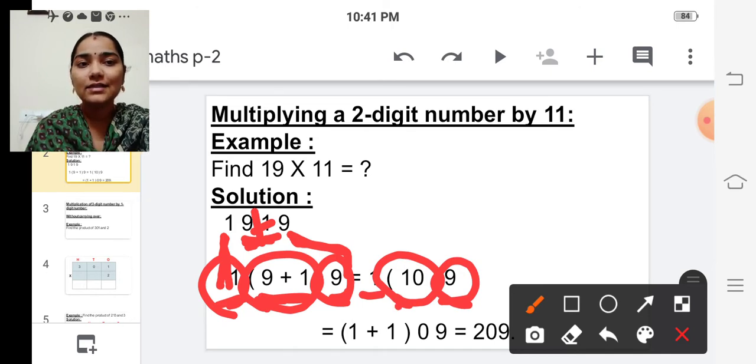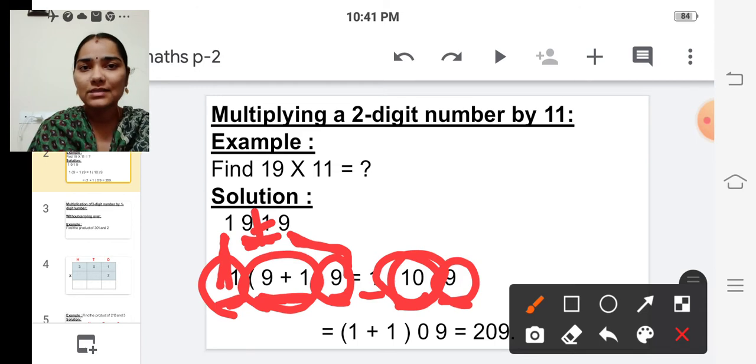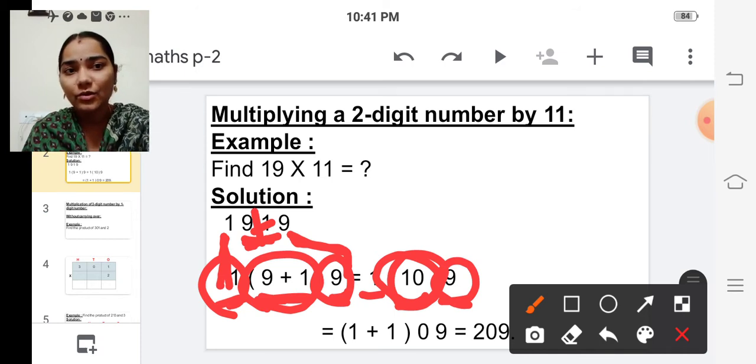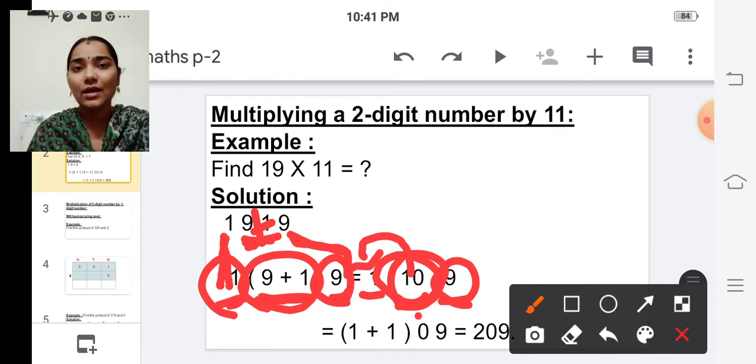Since 10 is a 2-digit number, in addition, if we get a 2-digit number in the answer, what do we have to do? We have to carry the tens digit to the next place, isn't it?